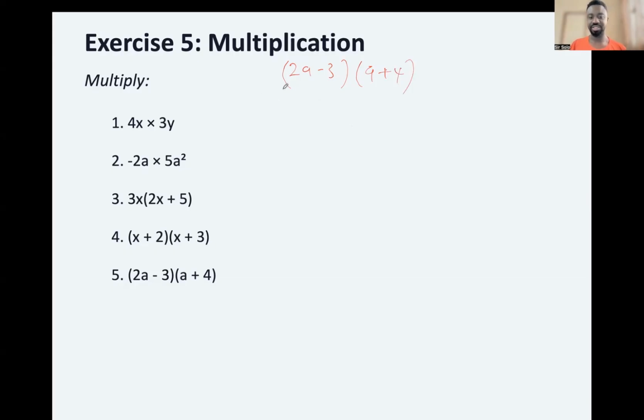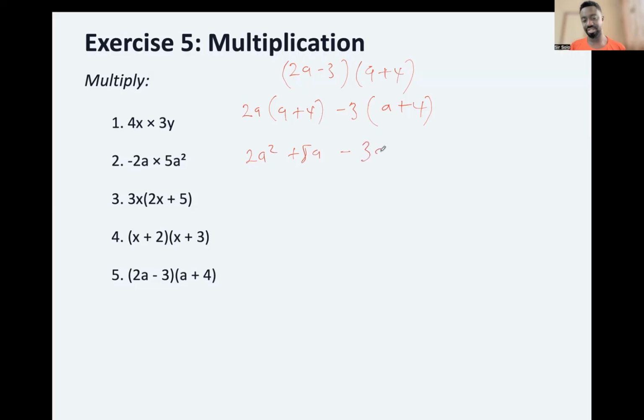You can just take the first term and multiply it by all the second term: 2a minus 3 into brackets a plus 4. 2a will multiply the second term, and minus 3 will multiply the second term. 2a times a gives us 2a squared plus 2a times 4 gives us 8a, minus 3a.